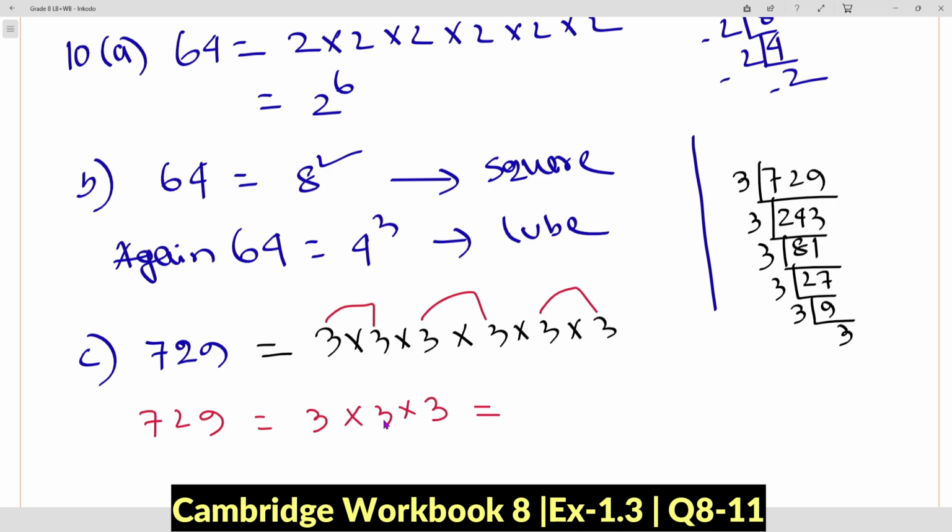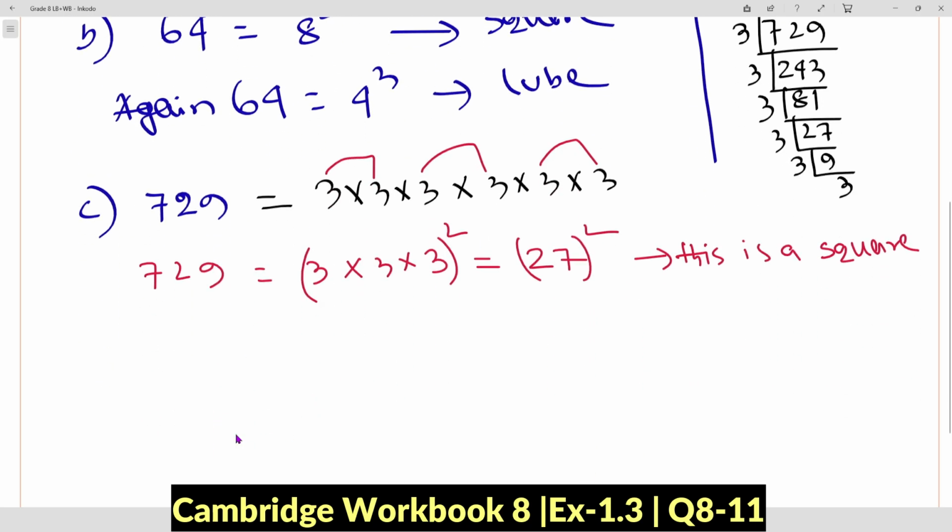So 3 times 3, it's 9. 9 times 3 is 27. And this is a square because we are taking one from each pair. So 27 squared is 729.